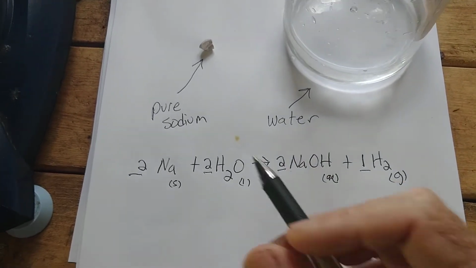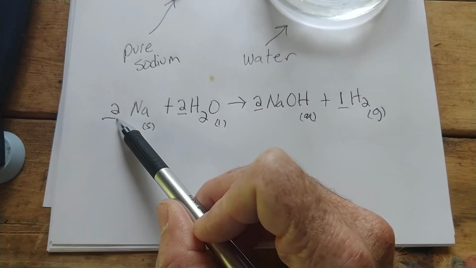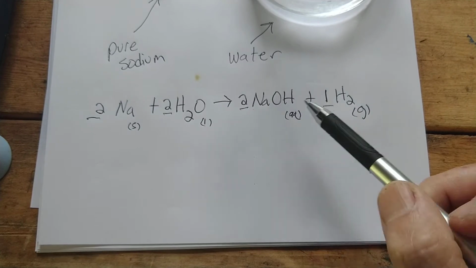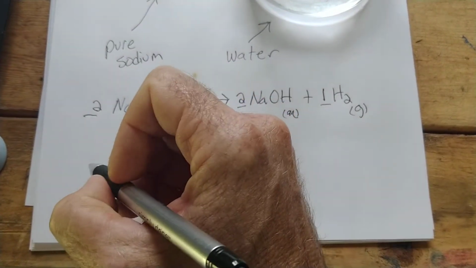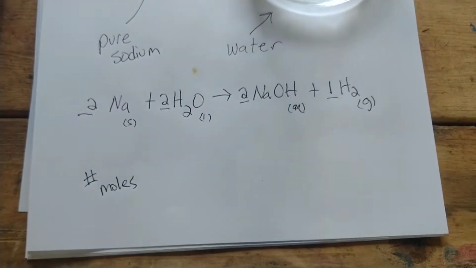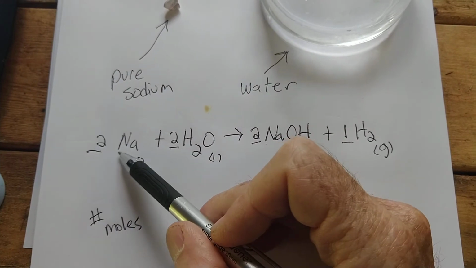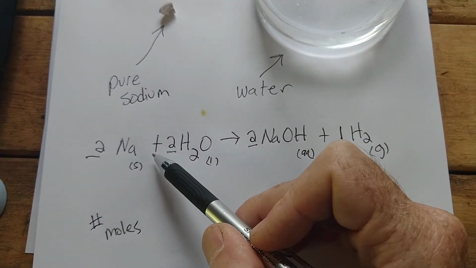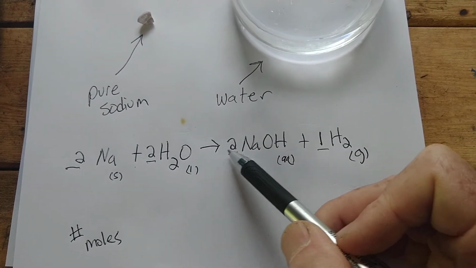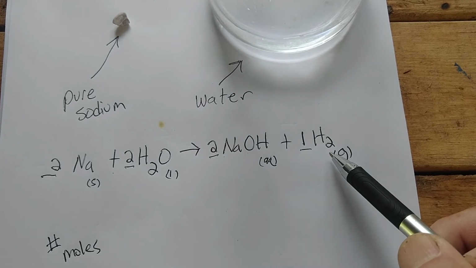All right. Now we worked problems yesterday where we learned that these numbers right here, they're called coefficients. And the coefficients stand for the number of moles. So if we were reading this problem, we would say 2 moles of sodium, if they reacted with 2 moles of water, would produce 2 moles of sodium hydroxide and 1 mole of hydrogen gas.